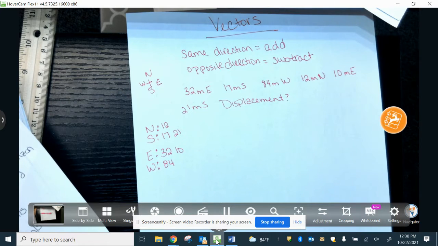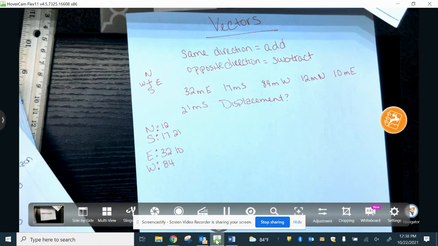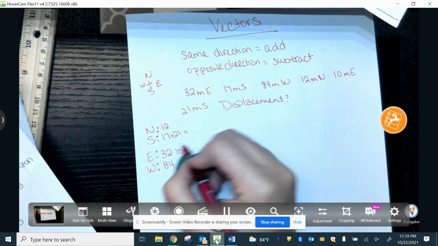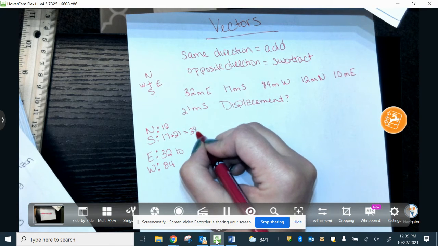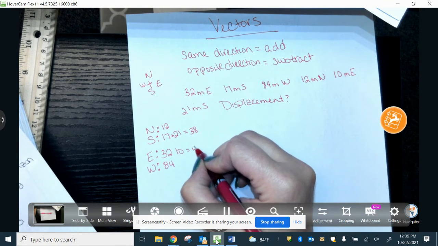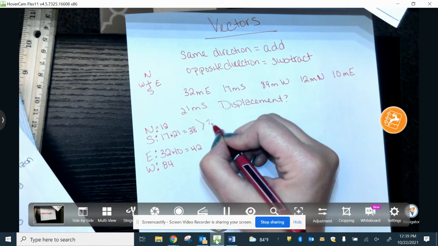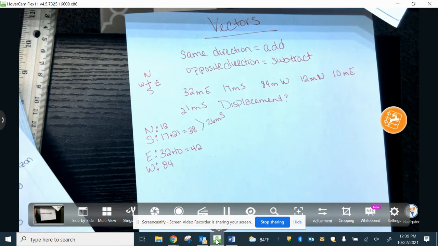All I did was list them all out. 17 plus 21, because they're both going south, should be 38. East should be 42. So now I'm at 38 south and 12 north. Those are opposites, so I'm going to subtract them: 38 minus 12 is 26 meters south.